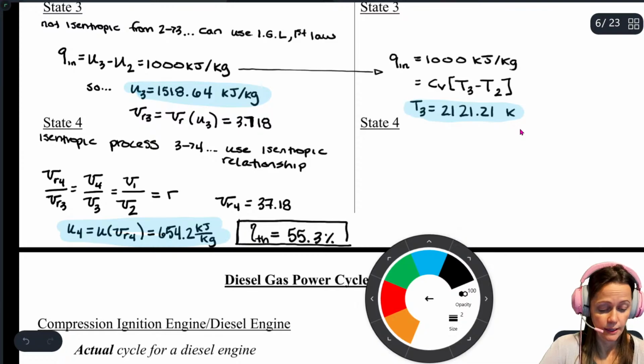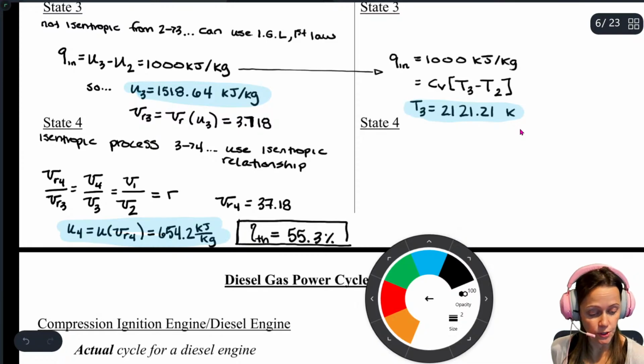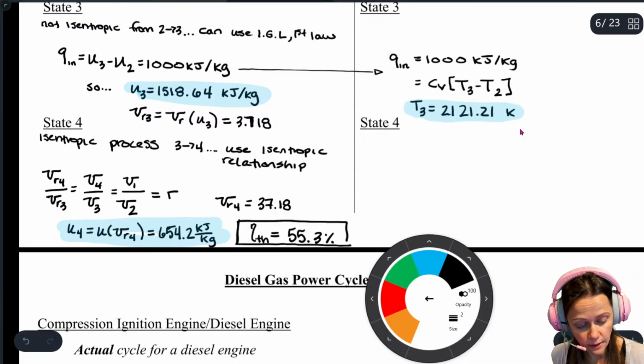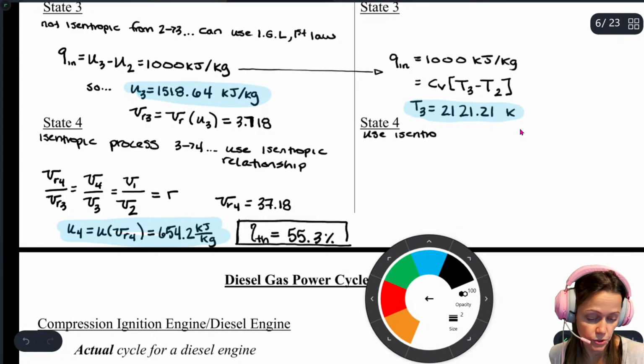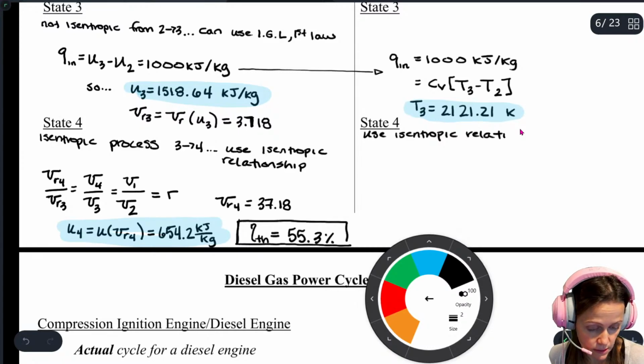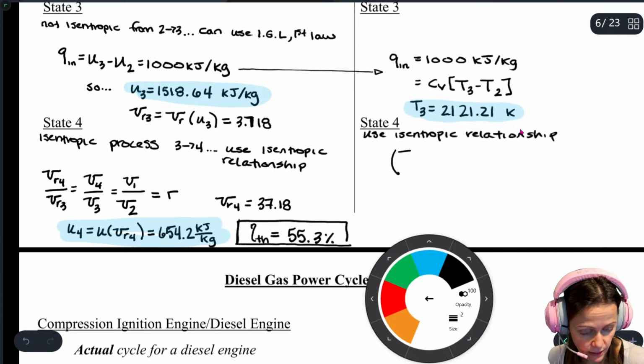Now, if we could assume that specific heats are constant, same thing. We're going to use an isentropic relationship, but we're just going to use the one for constant specific heats, the one that just has us calculating things in terms of temperature ratio and specific volume ratio.